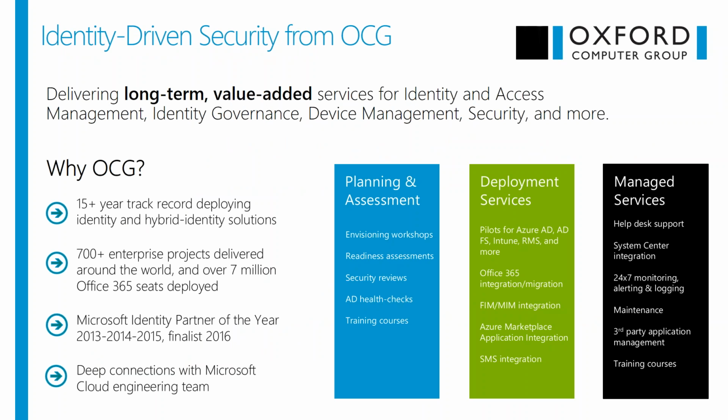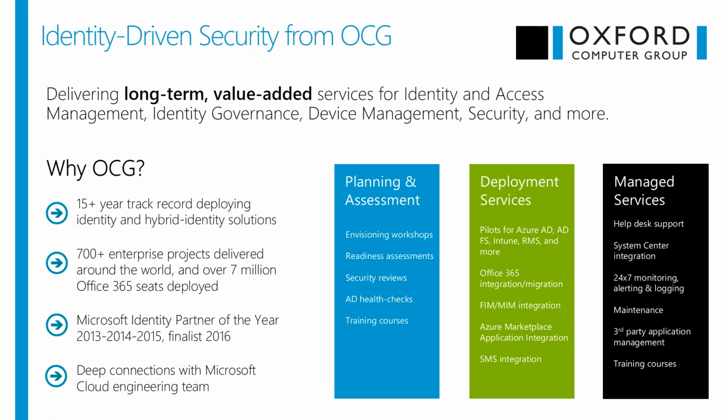I want to give you a quick overview of who we are at Oxford Computer Group. We are an identity management, governance, and security organization. We also have a number of people that do device management as part of that. We have quite the track record of deploying solutions for identity both on-prem and in hybrid solutions.